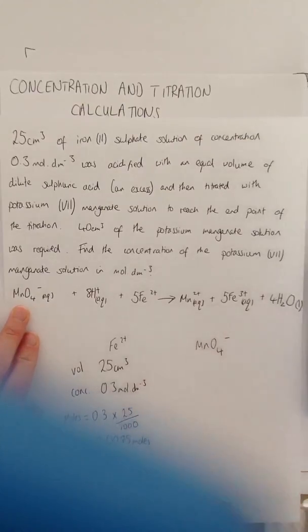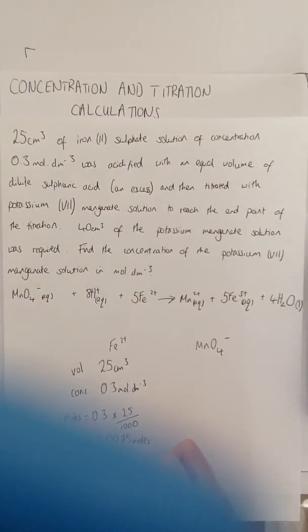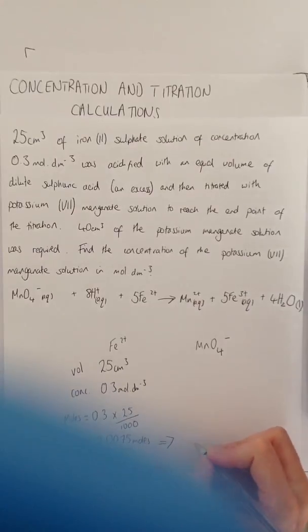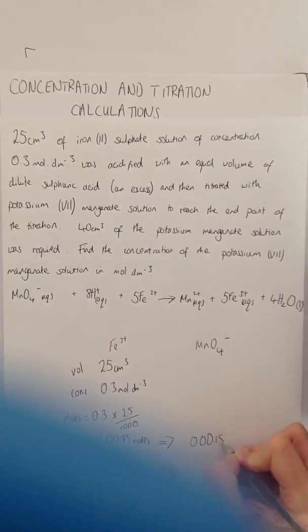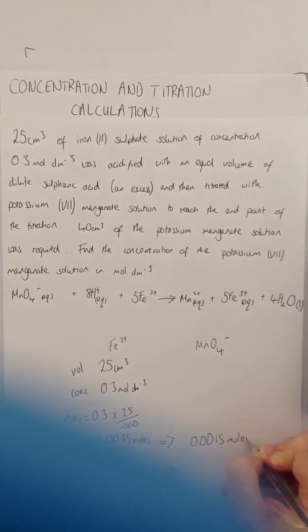As we have calculated the moles of Fe2 plus, in order to calculate the necessary moles of manganate, you must divide this value by 5. This gives us 0.0015 moles of our manganate ion.